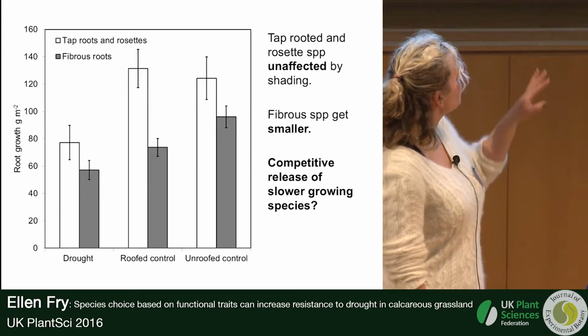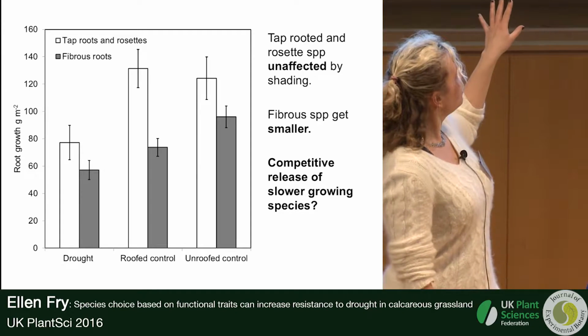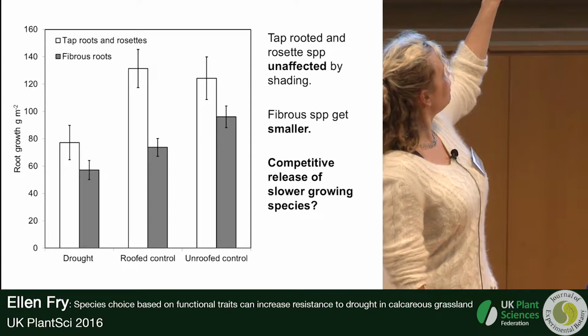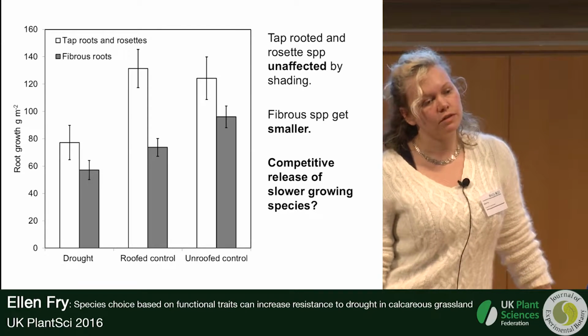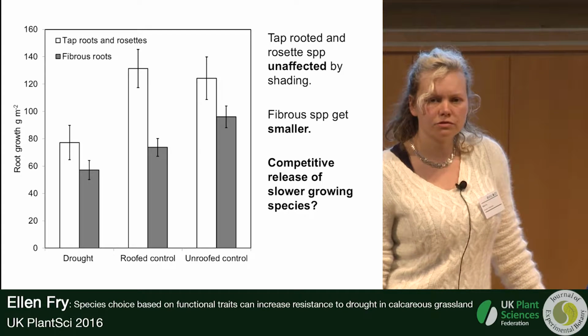And so when you have these fibrous roots, they're always smaller, but for some reason when you have taps and rosettes on their own in the plot, they're actually better off under this roof than when they're well watered, when they're unroofed altogether.